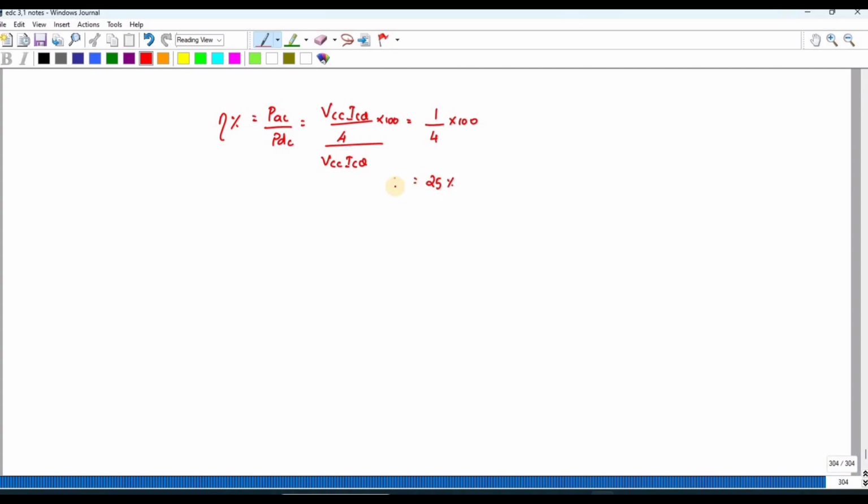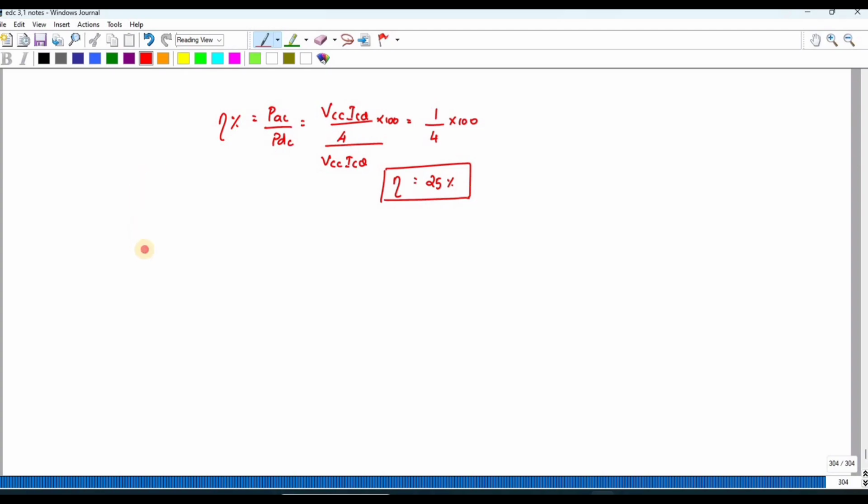So the efficiency is 25% for the series fed, that is the direct coupled class A amplifier.